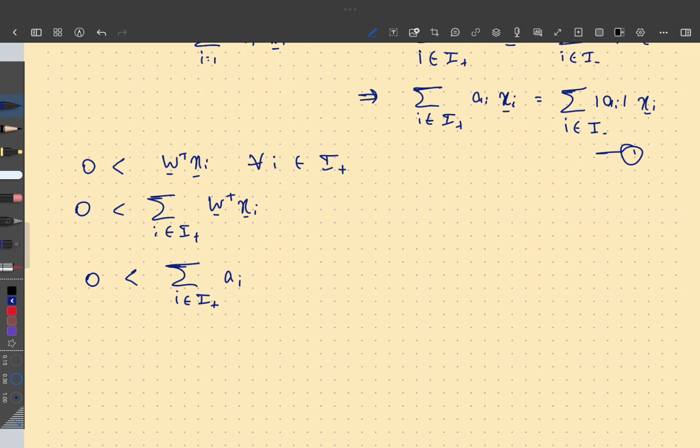So ai w transpose xi should also be greater than 0.